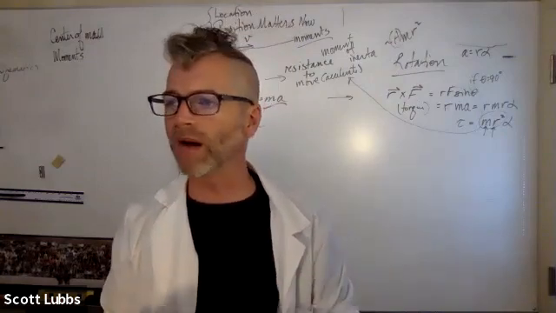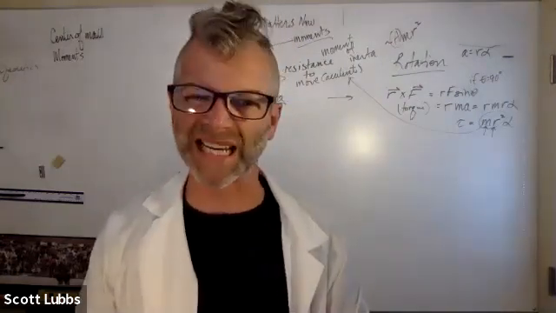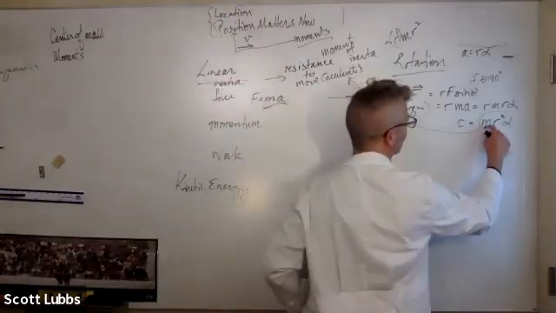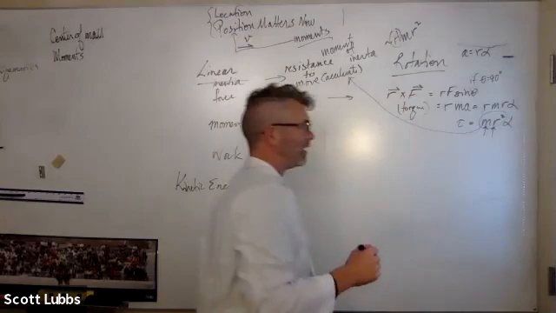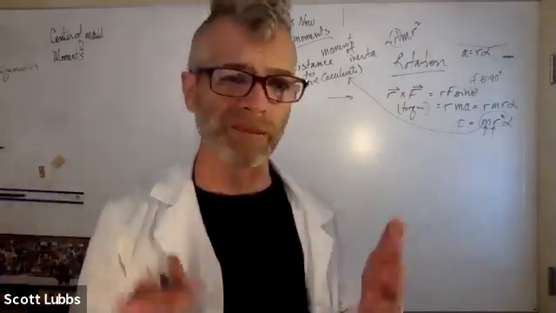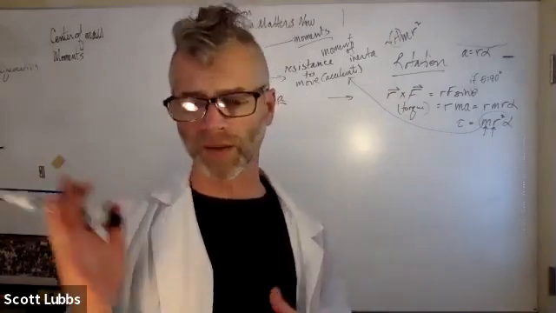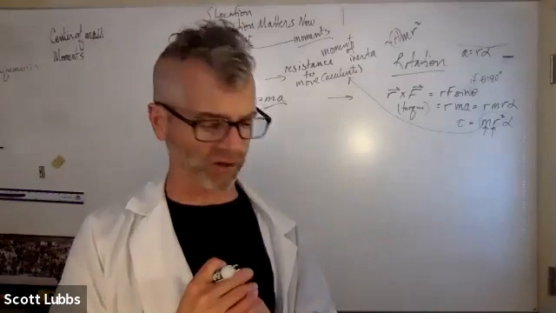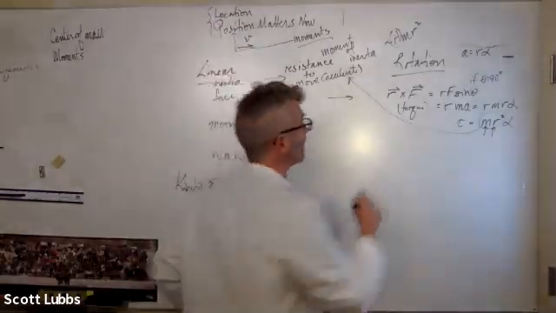If you've ever swung a bat, flip it around and swing it the other way. It's easier to rotate. So it depends both on how much mass and where that mass is located and how it's distributed. So we break it up into tiny little chunks, and then you sum up the little chunks. When you sum up little chunks, that's known as the integral. We won't talk a whole lot about it.